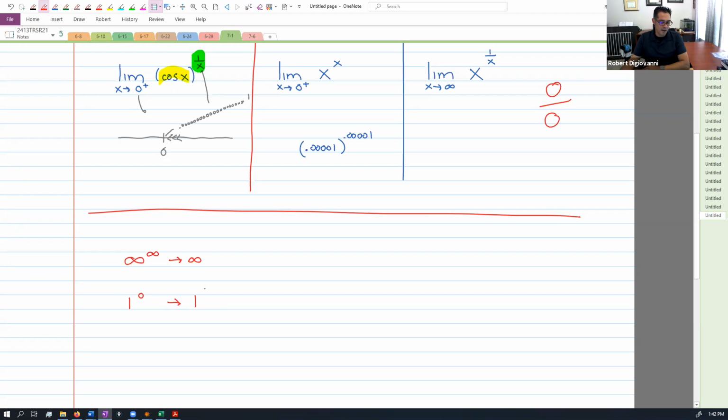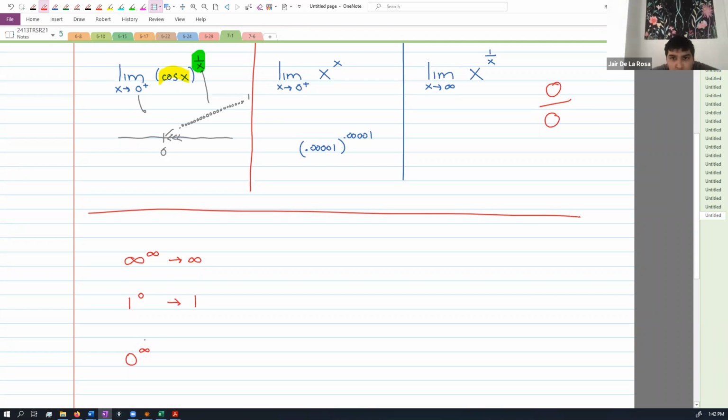What else could we have? I'm trying to think of another example. Oh, how about this one? 0 to the infinity. That's a good one. So the base is like, hey, I want to be really, really small, right? And the exponent's like, well, I'm going to multiply you times yourself over and over and over. What happens to a small number when you multiply it times itself? Does it get bigger or smaller?